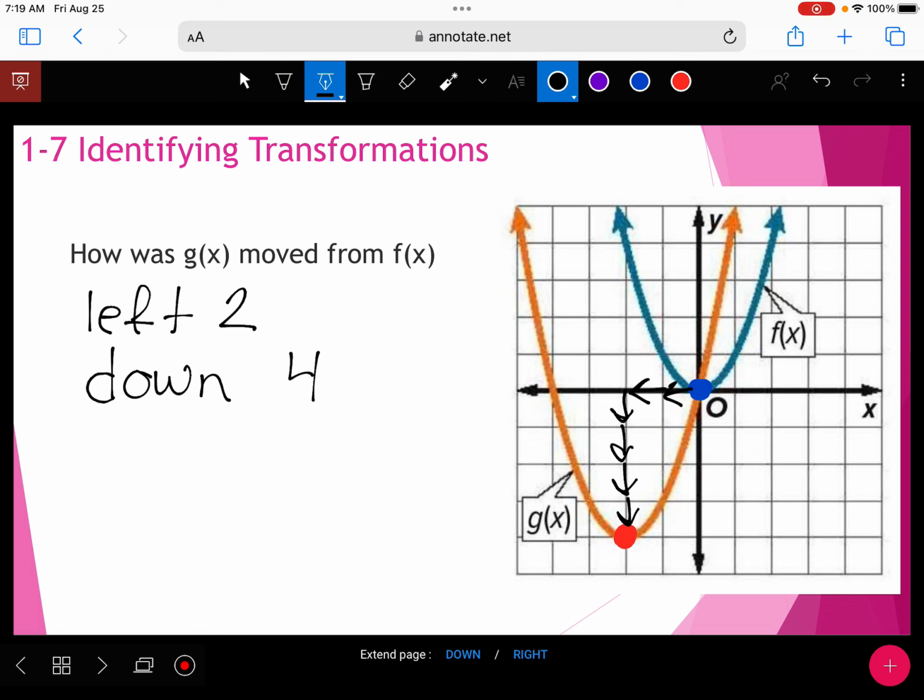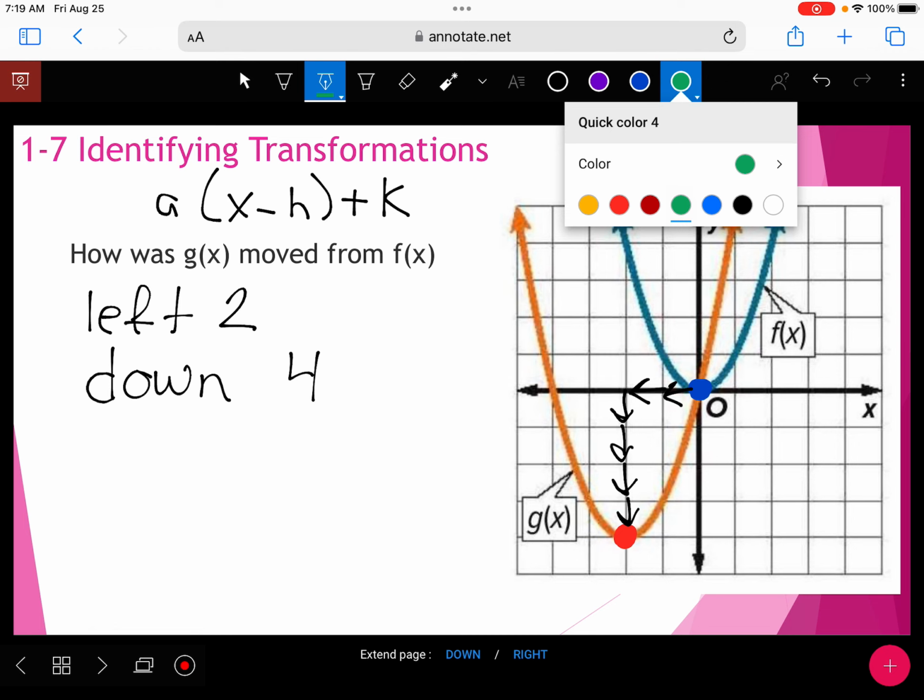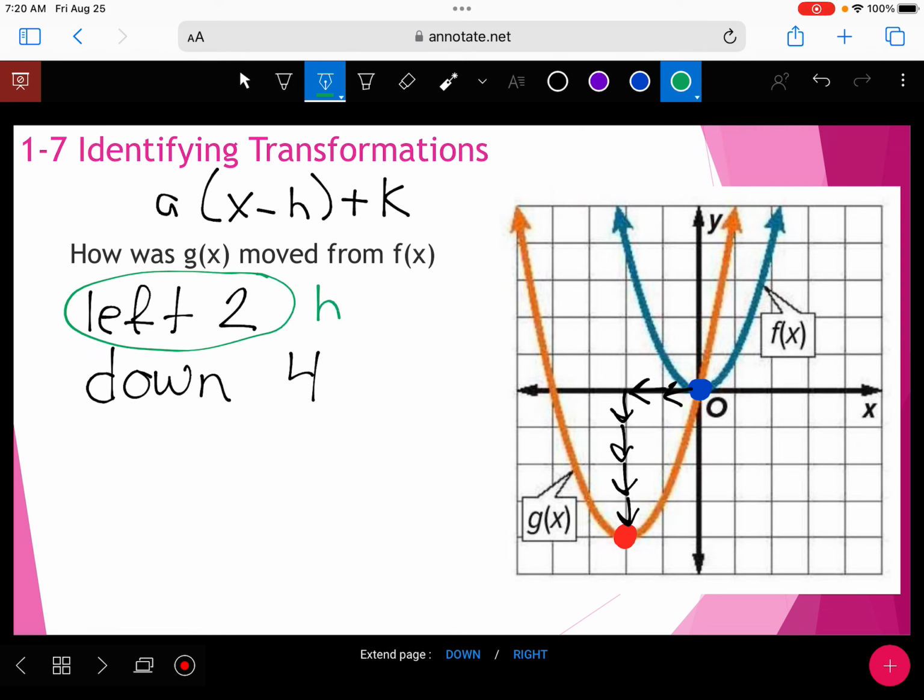If we think about our A, H, and K from yesterday, when we had our A with whatever our operation is, X minus H plus K, which one of those is going to tell us about left? A, H, or K? H. So this one is going to be the H value, and since it went left, it's -2.